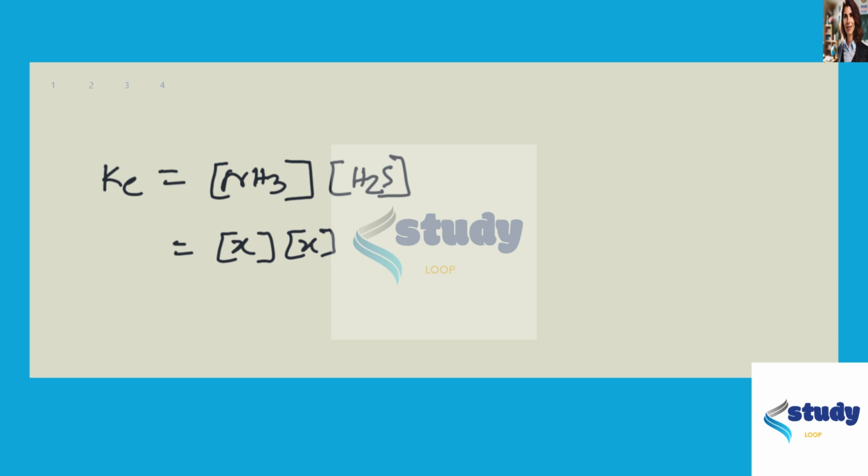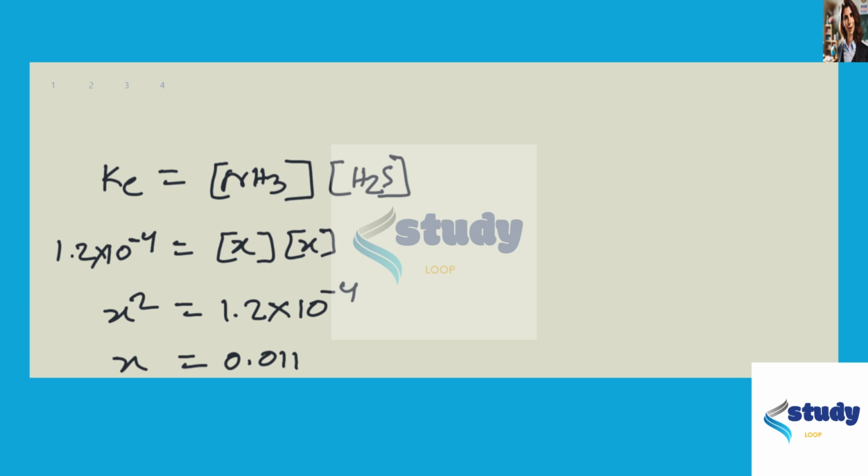And the equilibrium constant Kc is given as 1.2 times 10 to the power minus 4. Now from here, that means x squared is equal to 1.2 times 10 to the power minus 4, and x will be the square root of this, which will give us a value of 0.011 molar.